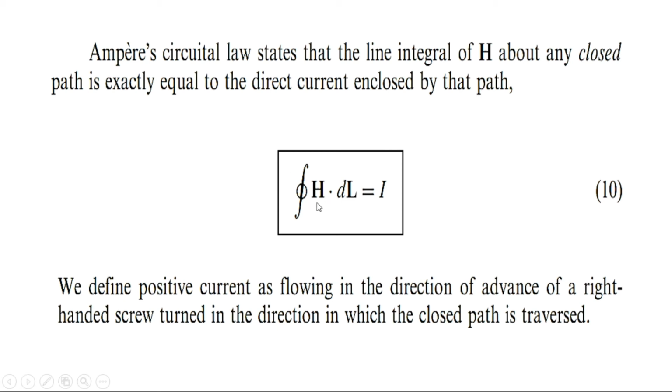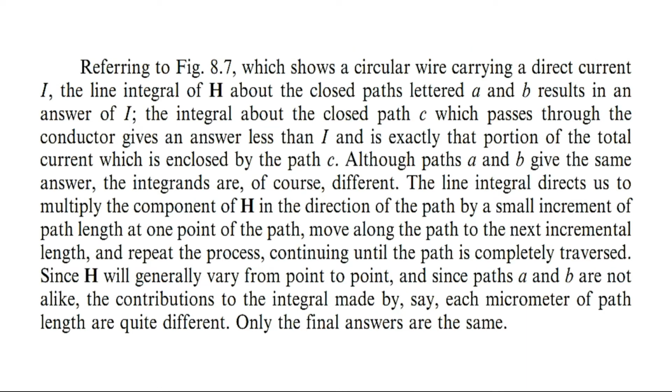As we only have H_phi, H_phi dot d rho results in 0, H_phi dot dz results in 0, and we only have the rho d phi component. So H_phi dot rho d phi, and phi changes from 0 to 2 pi, so the integration will be from 0 to 2 pi.